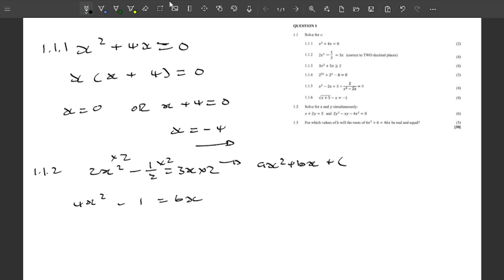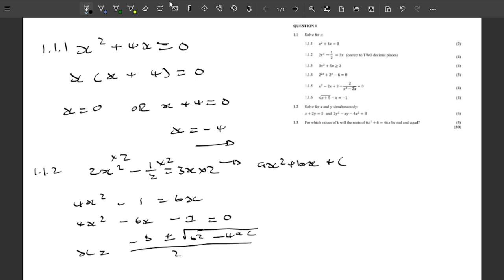Since it's like this, you're going to take the 6x to the other side, so it's going to be 4x squared minus 6x minus 1 equals 0. Since you know this form, you're going to use the quadratic equation, which states x equals minus b plus or minus the square root of b squared minus 4ac, over 2a.